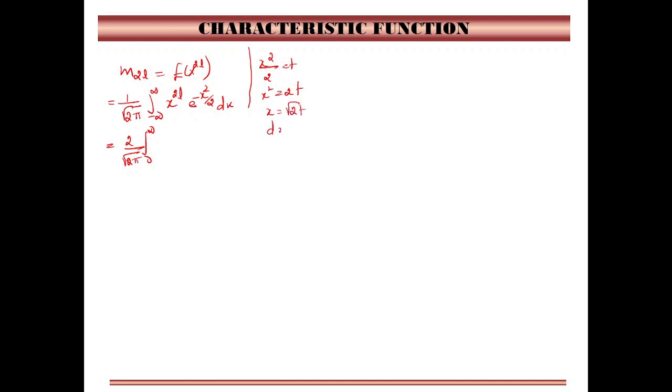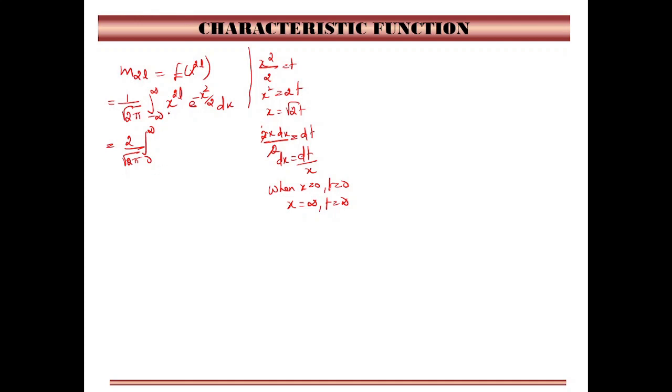Finding the derivative dx by dt: differentiate this one, 2x dx by 2 is equal to dt. So dx is equal to dt by x. When x is equal to 0, t is also 0. We are substituting here. When x is equal to infinity, t is also infinity.